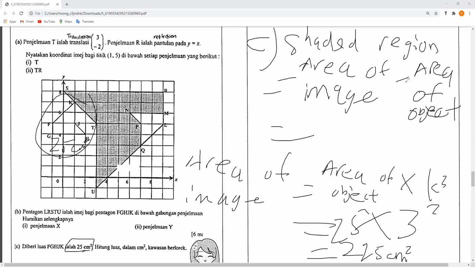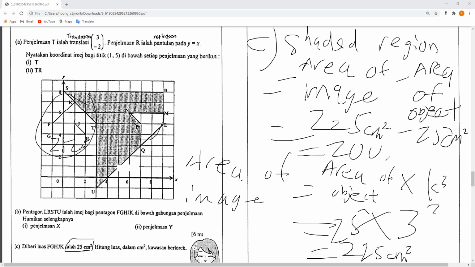They want you to find the area of the shaded region. You can see there's an area of image here, the first image that is unshaded. Same thing, 25. So 225 minus 25 gives 200, and you will get 200 centimeters squared.